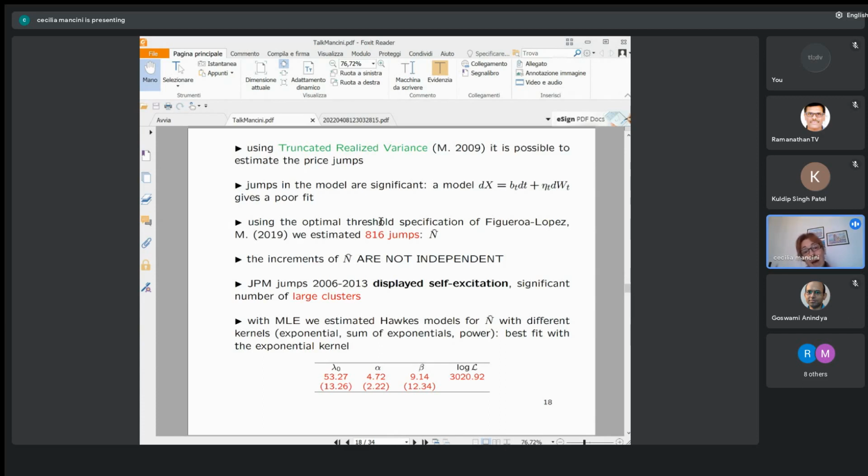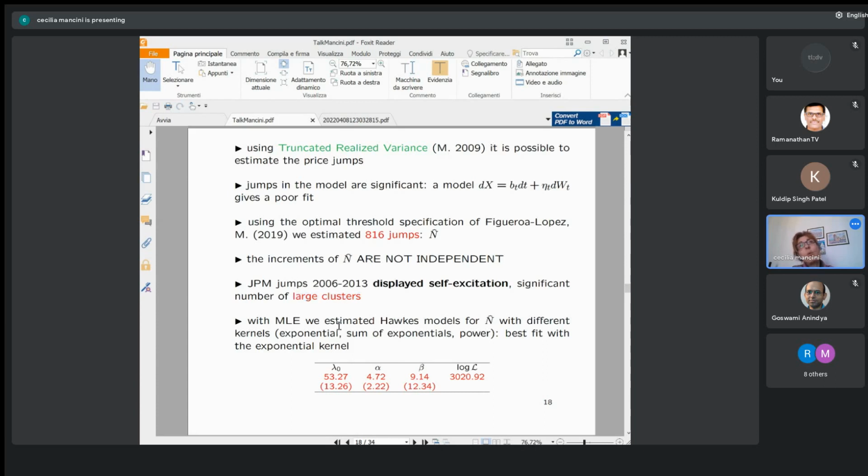We call hat n the estimated counter of these jumps. We found that the increments of hat n are not independent, and we found large clusters in these jumps.